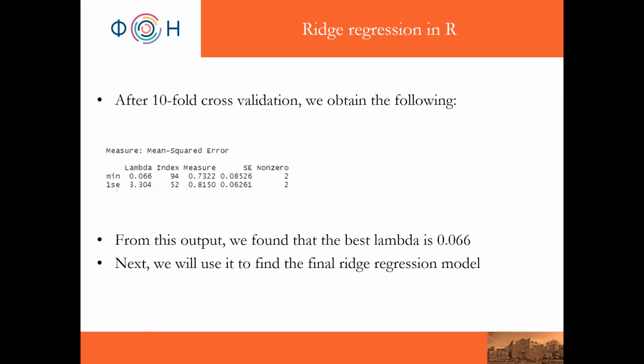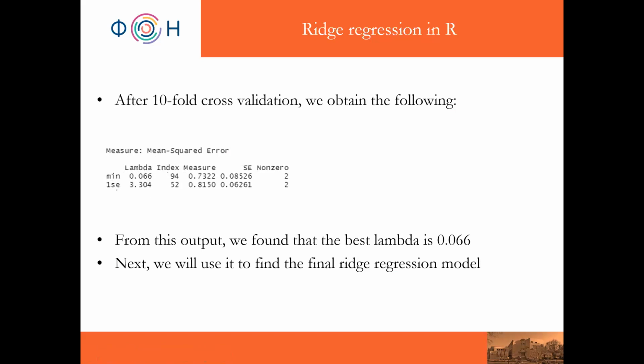It provides us with the results. So from this table, we can read out what our best lambda is. In the first row, we find that our lambda, for which the mean squared error is minimum, is 0.066. So now we know what our best lambda is.